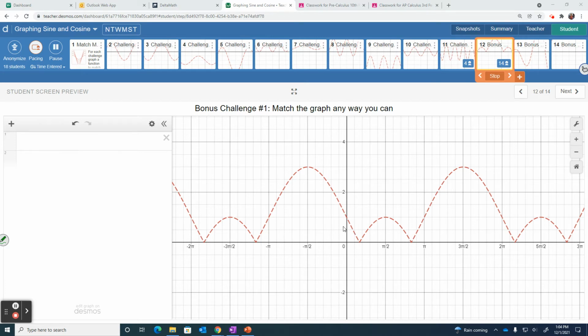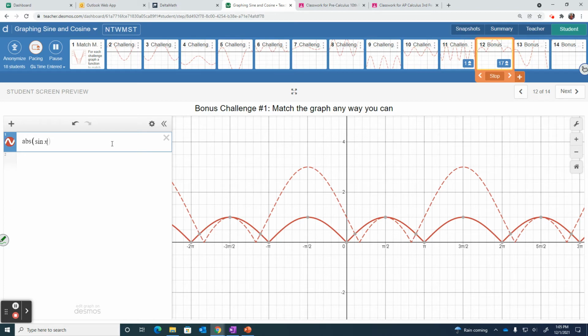So see if you can figure out something like that. I'm guessing this has something to do with absolute value. And then let's go over the sine. Because if you just do absolute value of the sine of x, you get kind of that deal. Then you've got to manipulate it some more.